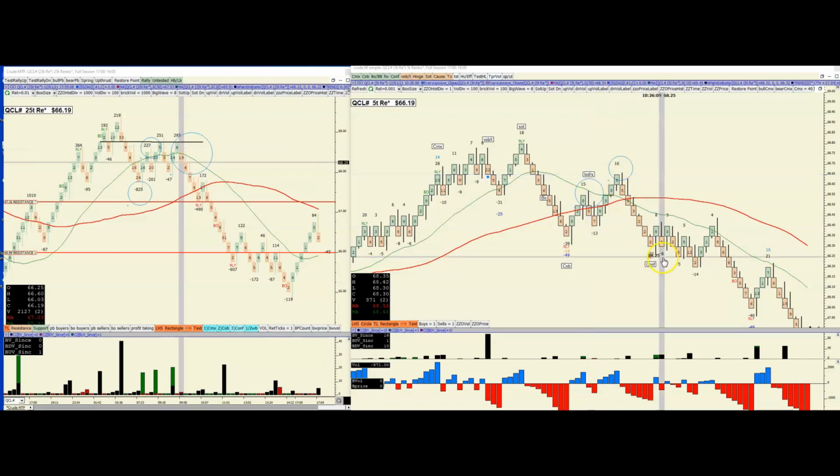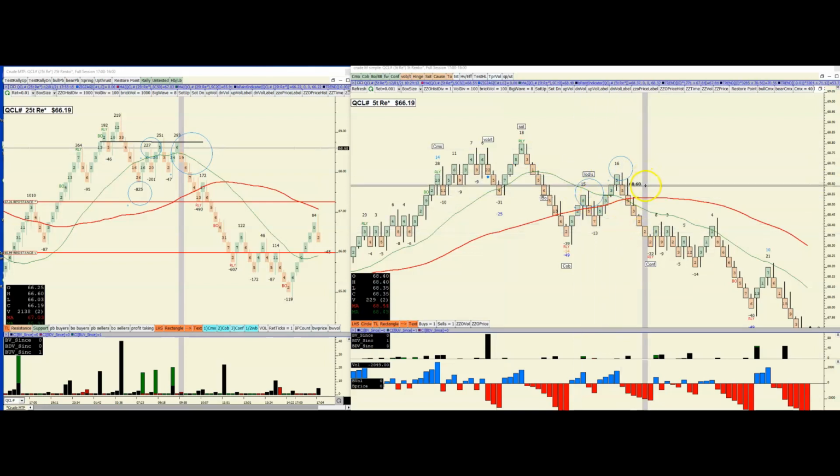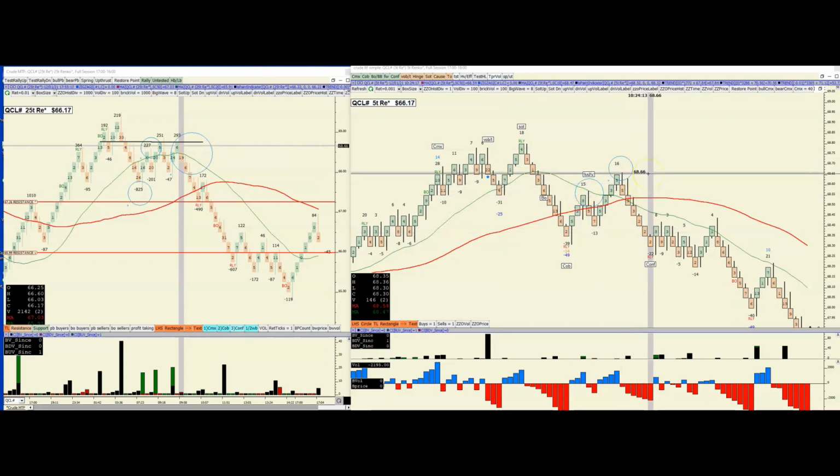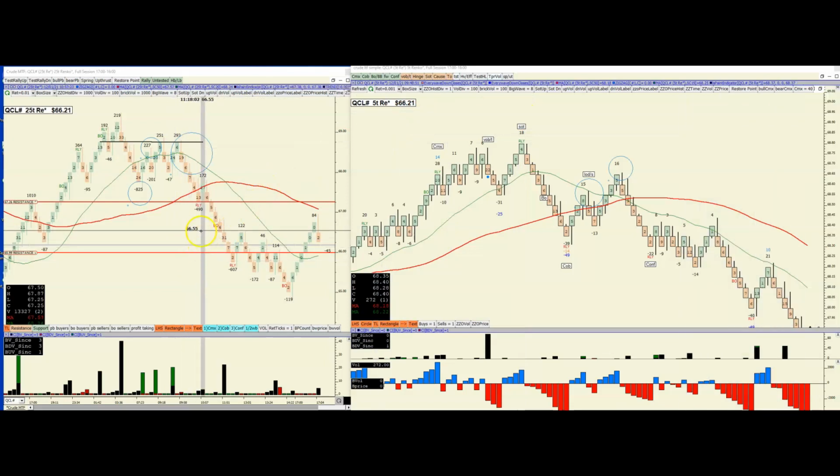And then when it makes that lower low, it's not wanting to go back into areas that have already been tested. Now, sometimes it might, but it's questionable. All right, now let's move on to maybe another.